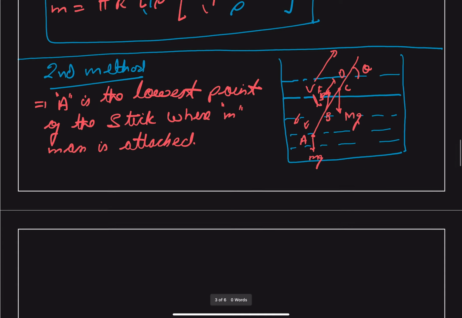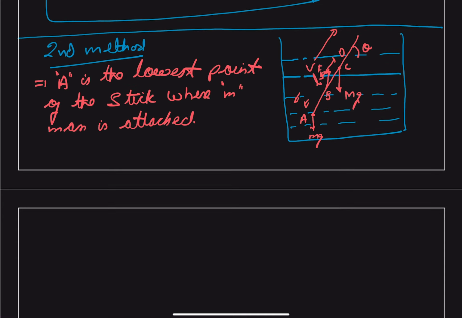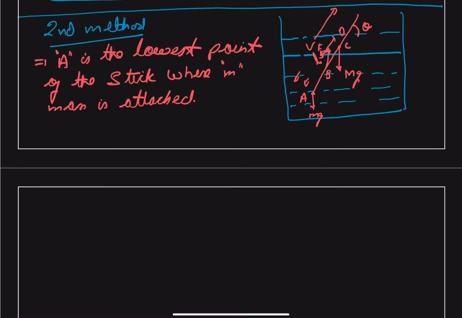And we already know that the total mass of the stick, that is capital M, you can see the mass of the stick is given as capital M, and that will be equal to pi r square L multiplied by rho.